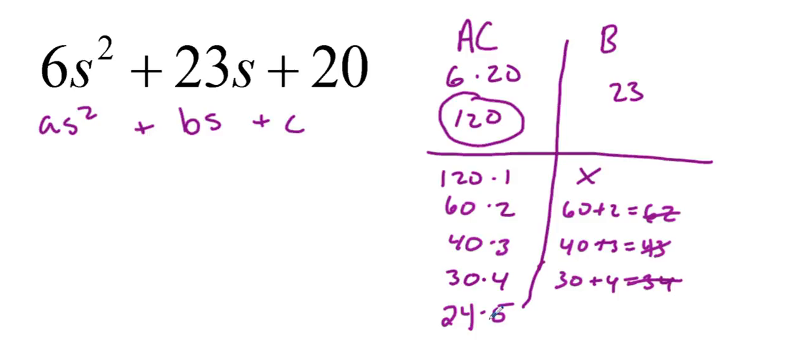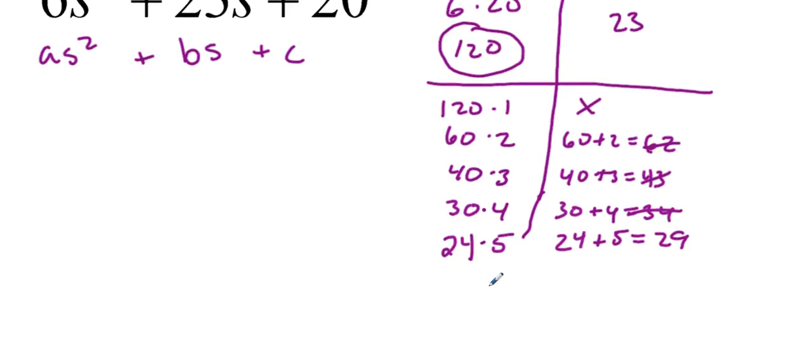Yeah, 24. So 24 plus 5 equals 29. All right, well, let's keep on going. Hopefully something will pop up. If we go to 6, we have 6 and 20. 20 plus 6 equals 26. Getting closer.